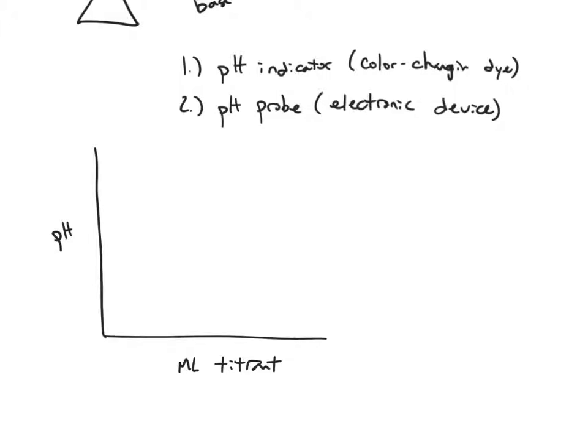Now, if you were titrating an unknown acid, you'd expect your initial pH to begin below 7. And as you add titrant to it, the graph begins to look a lot like an S-curve, like so, where the vertical component is known as the endpoint or the equivalence point.